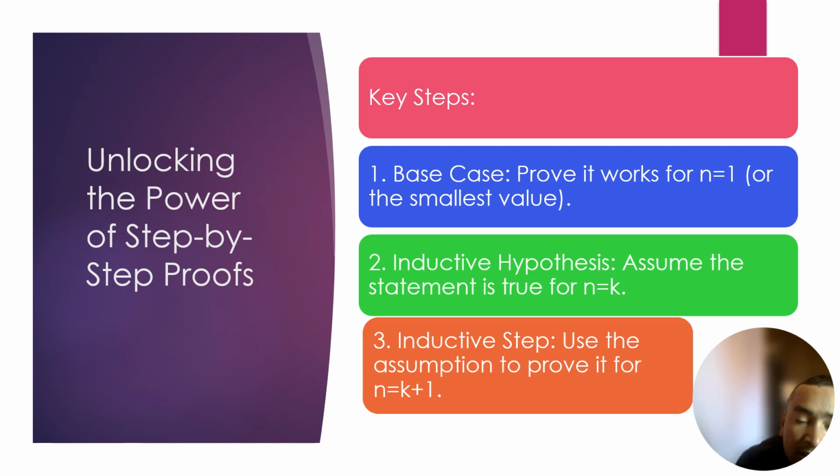Then comes the inductive step: use the assumption to prove it for n equal to k plus 1. At first n equal to 1, then the hypothesis n equal to k, and then the inductive step uses the assumption to prove it for n equal to k plus 1.